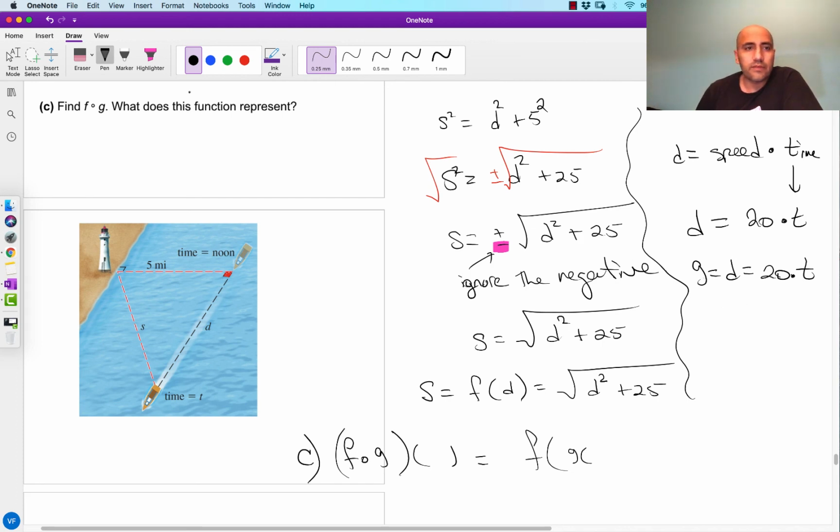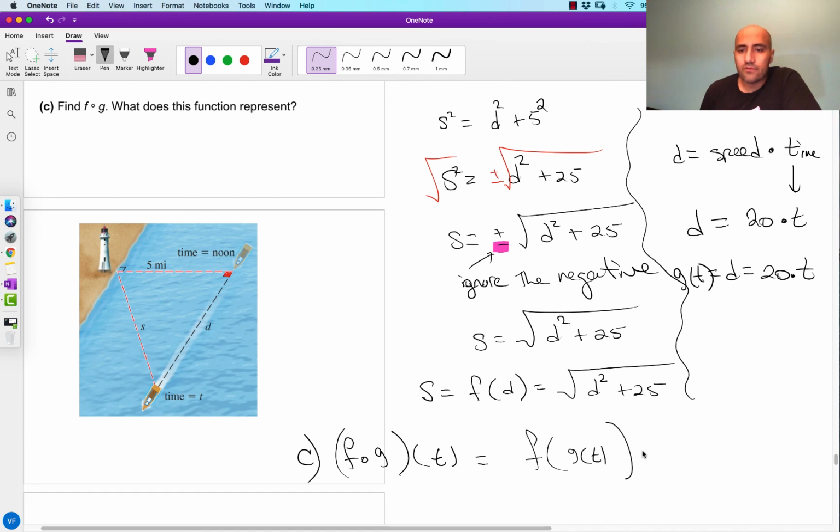Oh, I should have clarified that over here. This is g of t, which is the d. So we plug in a t, and this output is going to be some distance d, and that d is the one that goes into f.